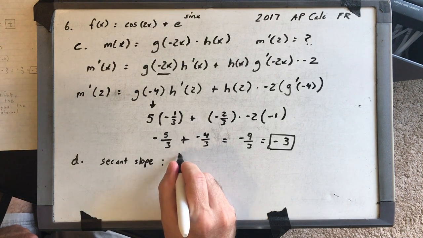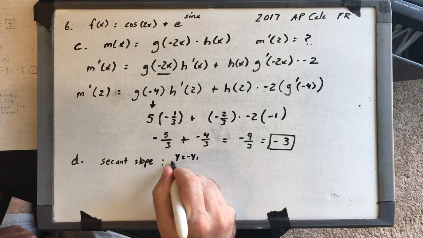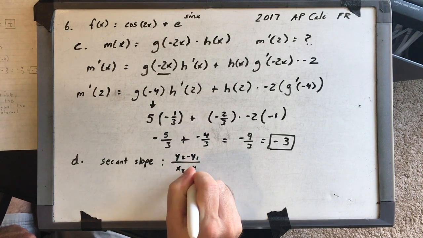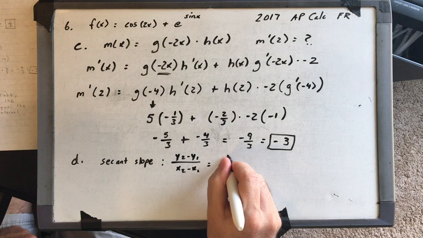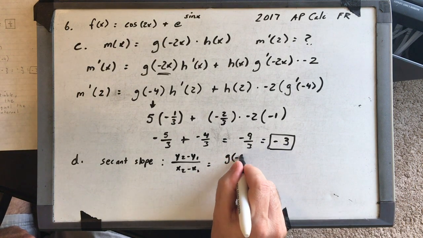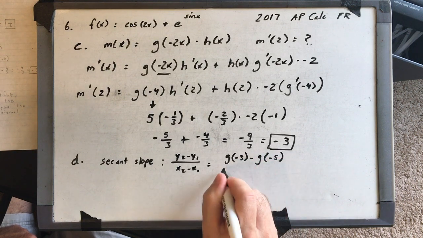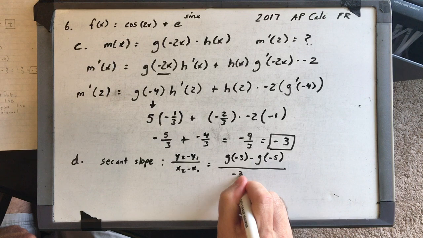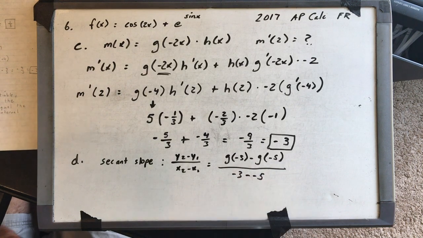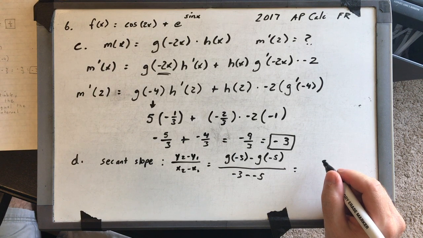So that's going to be, of course, y2 minus y1 over x2 minus x1. That's g of negative 3 minus g of negative 5 over negative 3 minus negative 5. All right, g of negative 3 is in the table.